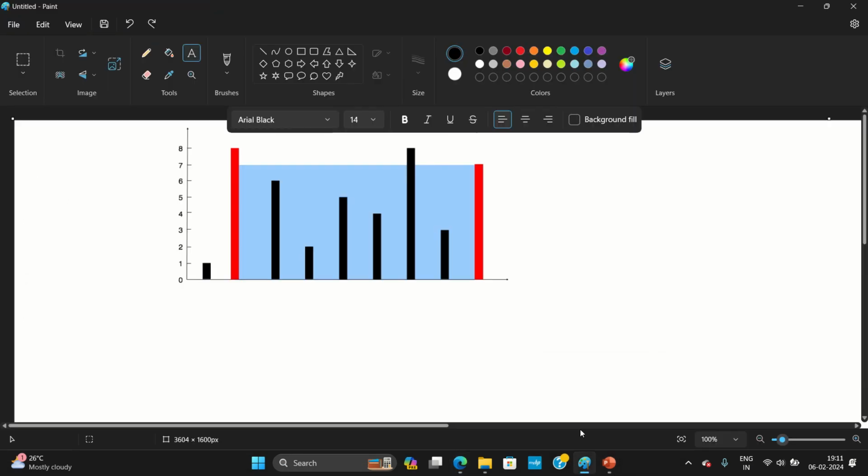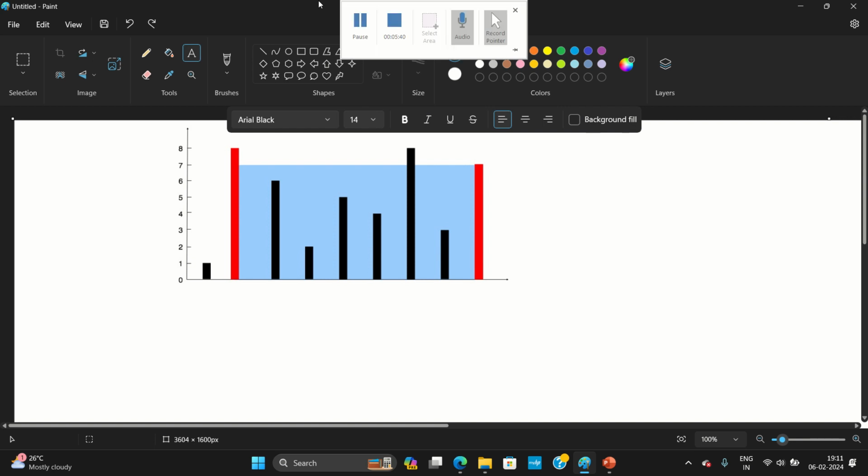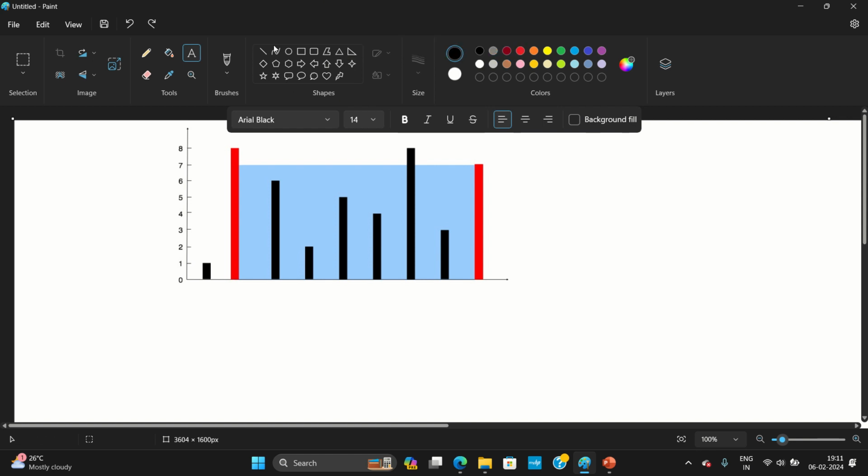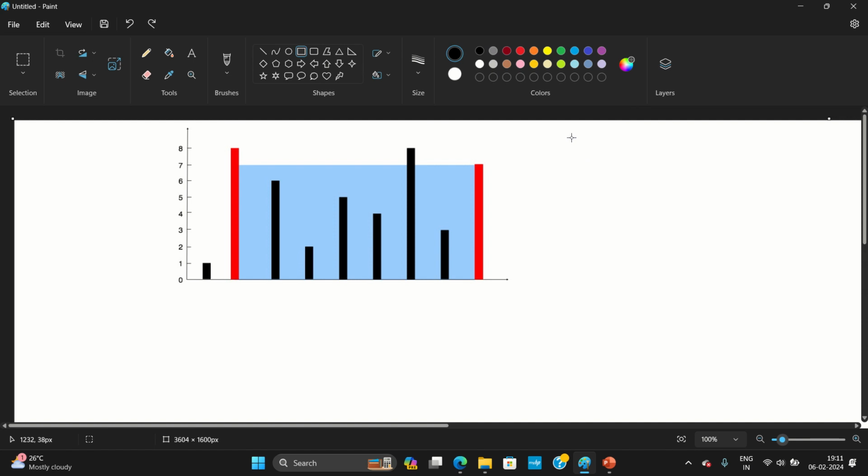Let us see. Students, if we talk about the area of some quadrant, be it a rectangle or a square, we can consider a rectangle, because a square is a special case of a rectangle with all sides the same. The area is basically length into breadth, and in this example, if this is the height and this is the length, then it is length into height.